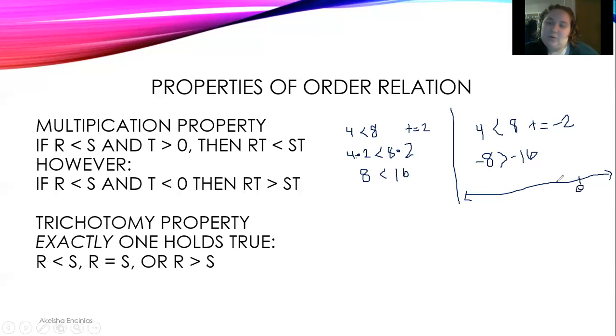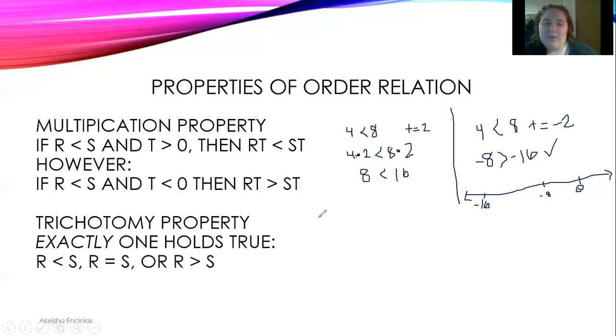So it counts backwards. So we're going to encounter 8 first, and then we'll encounter negative 16. So which number is to the left? Negative 16, right? So that makes negative 16 less than negative 8. So if we remember, your arrow is going to point to the lesser number. So negative 8 is greater than negative 16, which is true.